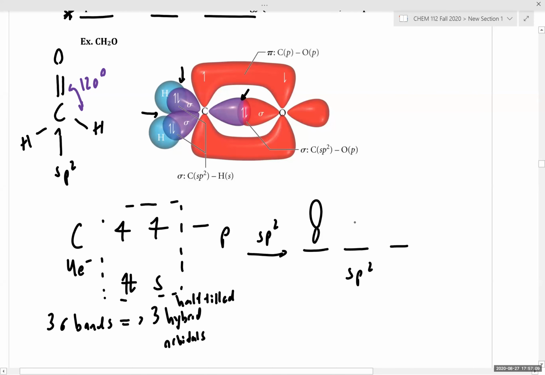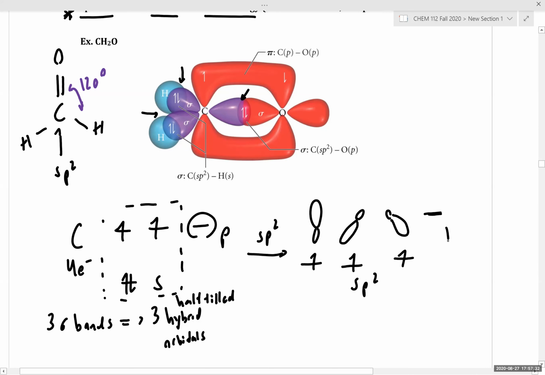Let me respect the fact that they are oriented in different directions. Okay, so we have 3 half-filled orbitals ready to go for chemical bonding. And left over, we have our p orbital, which is high in energy.